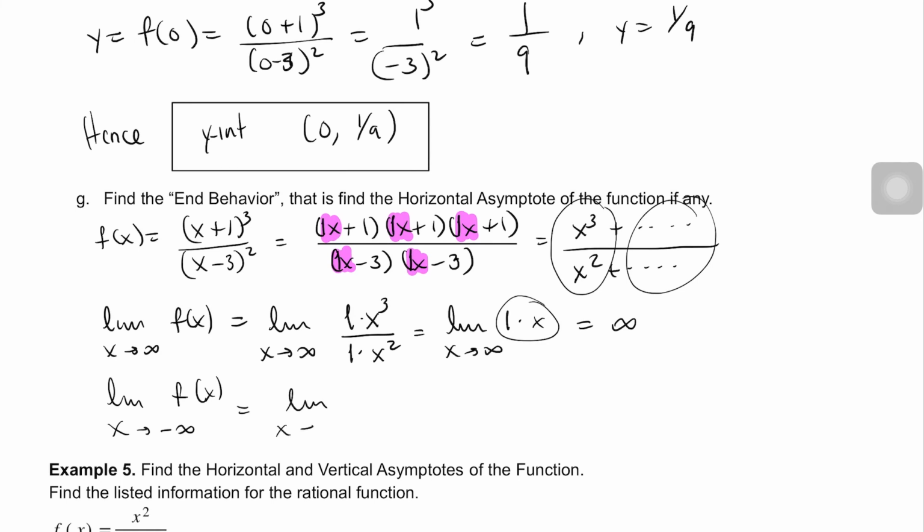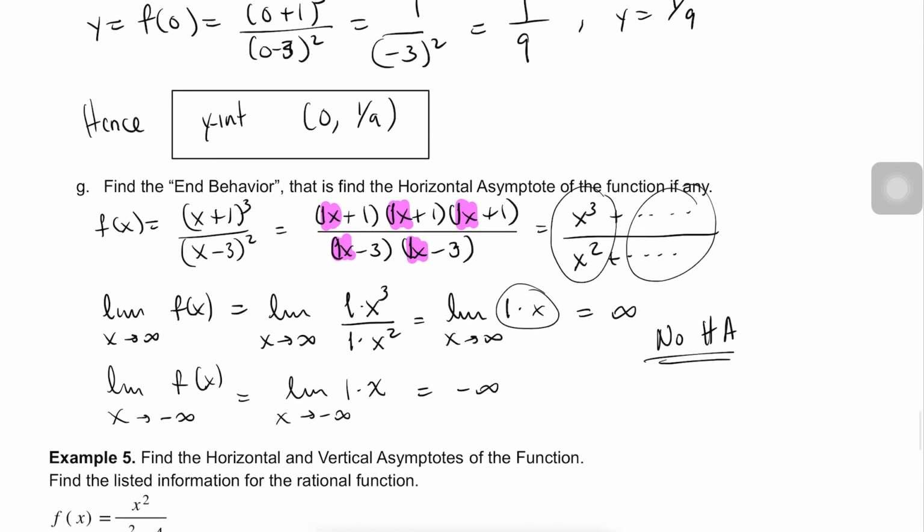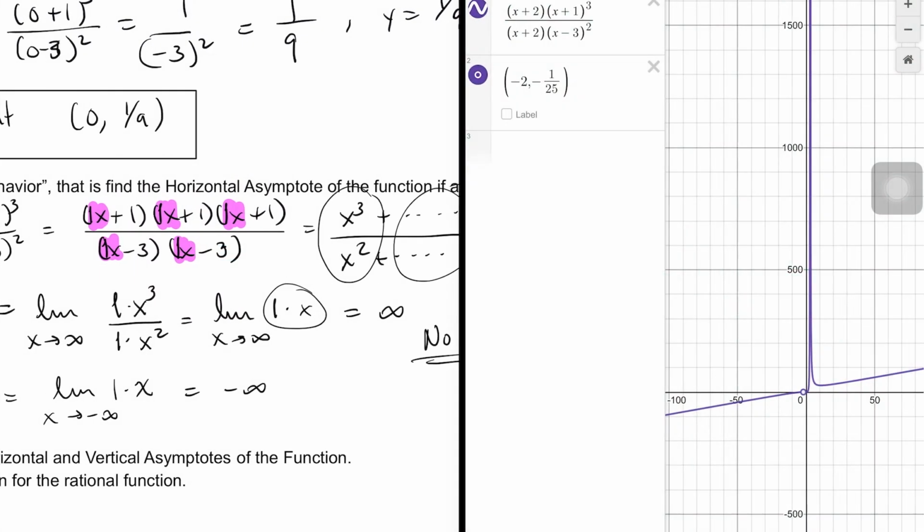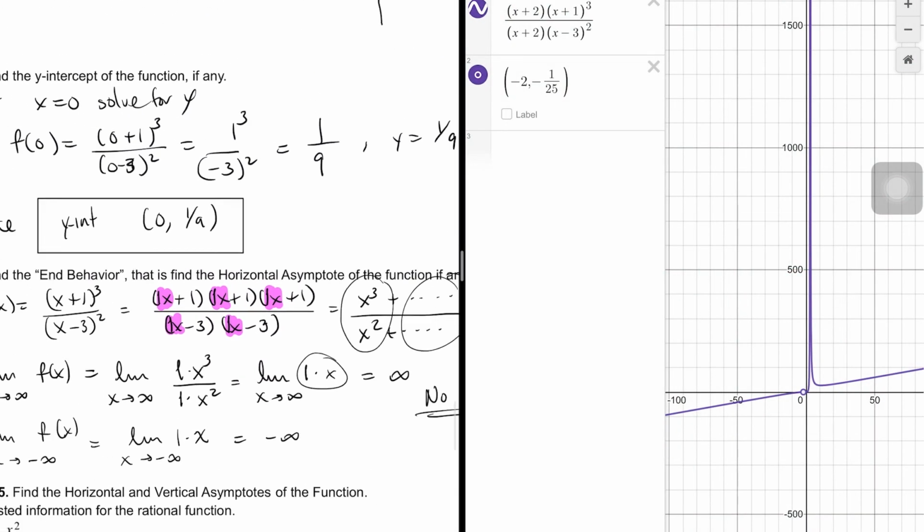We're going to use the same argument for the other one. The limit as x goes to negative infinity of x times 1 is going to go to negative infinity. So they're both going to infinities, negative and positive, so there's no horizontal asymptote.